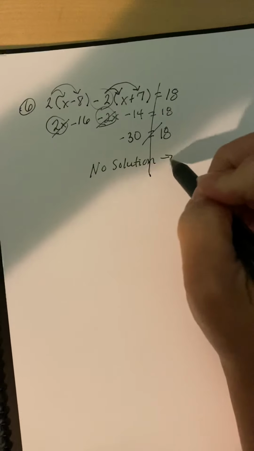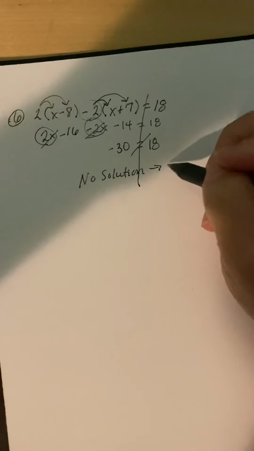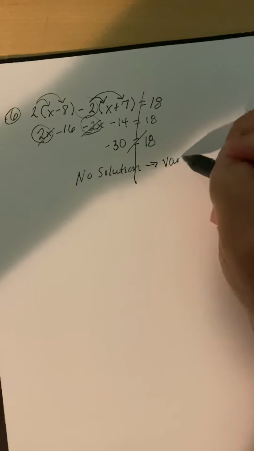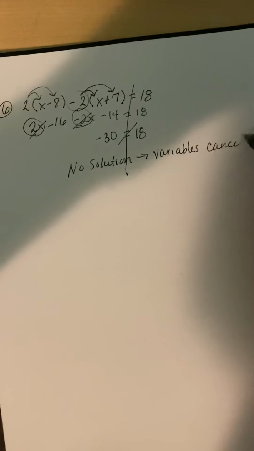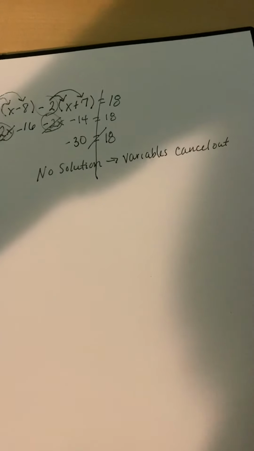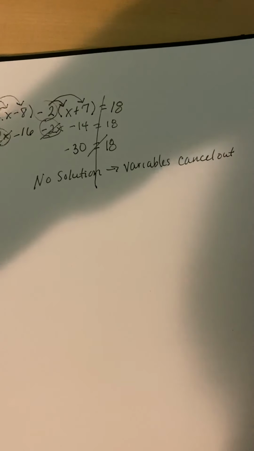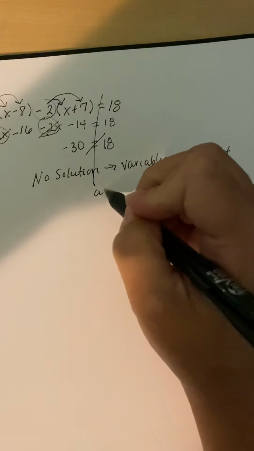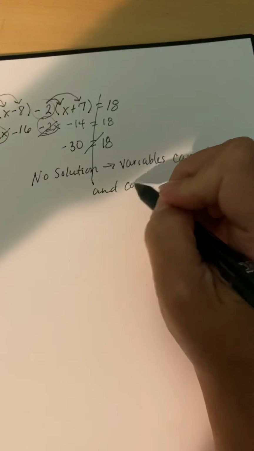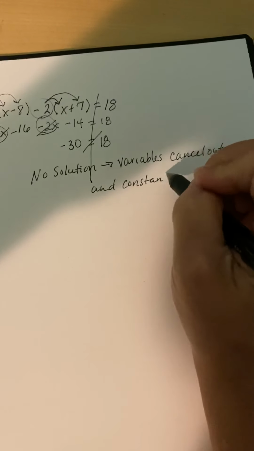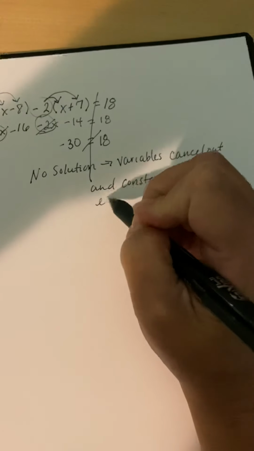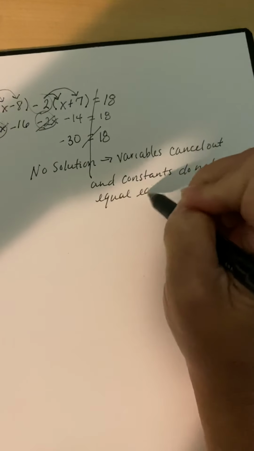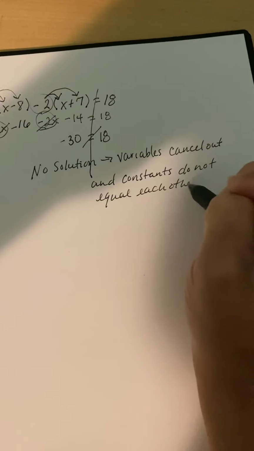Anytime you have a no solution, that means your variable cancels out. So variables cancel out and constants do not equal each other.